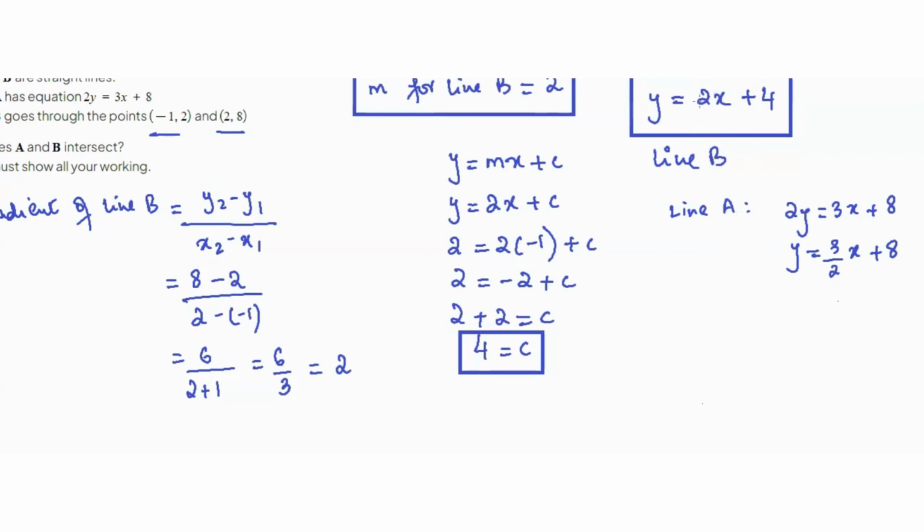Line B has a gradient of 2 and line A has a gradient of 3 over 2. Since the gradients are completely different, that means they would intersect. Because if they were exactly the same, then that would mean that the lines were parallel. Parallel lines never meet. They're always running side by side. So since the gradients are different, yes, they do intersect.